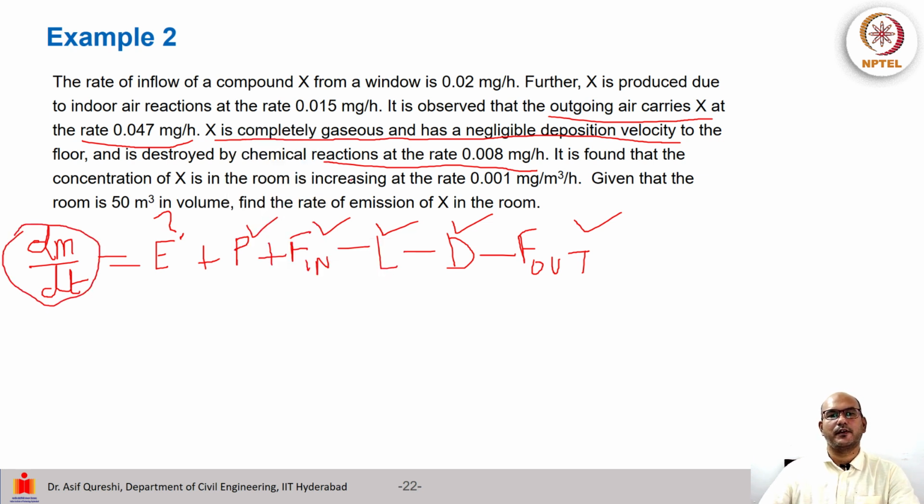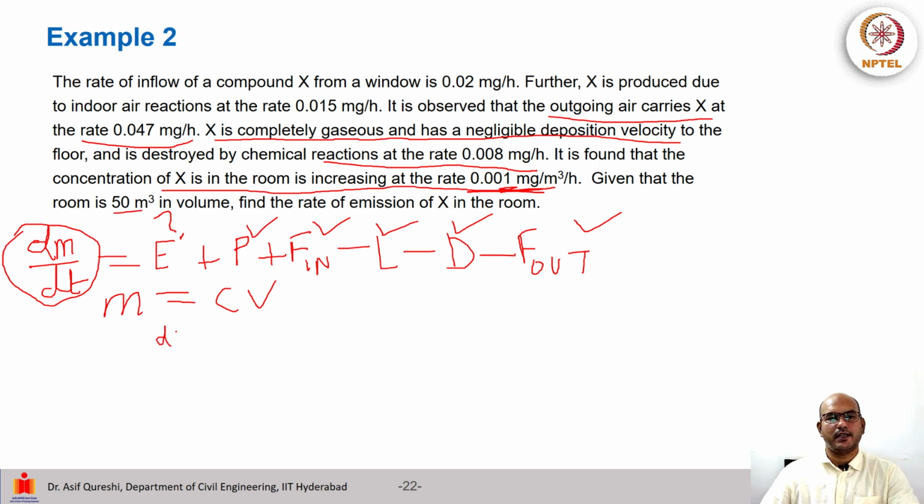We have been given some information here. The concentration of X in the room is increasing at 0.001 milligram per meter cube per hour. So what exactly is M? We have seen M is equal to C times V, where V is 50 meter cube.